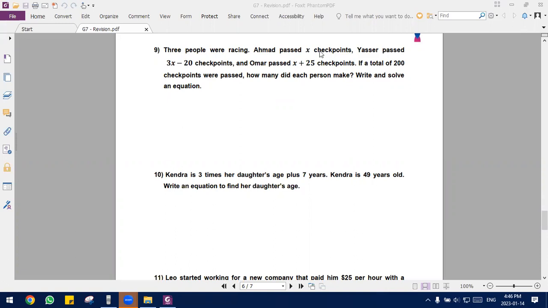So first we write the equation. We have the first one, Ahmed, he passed x checkpoints, plus the second guy, he passed 3x minus 20, plus the third guy, he passed x plus 25.